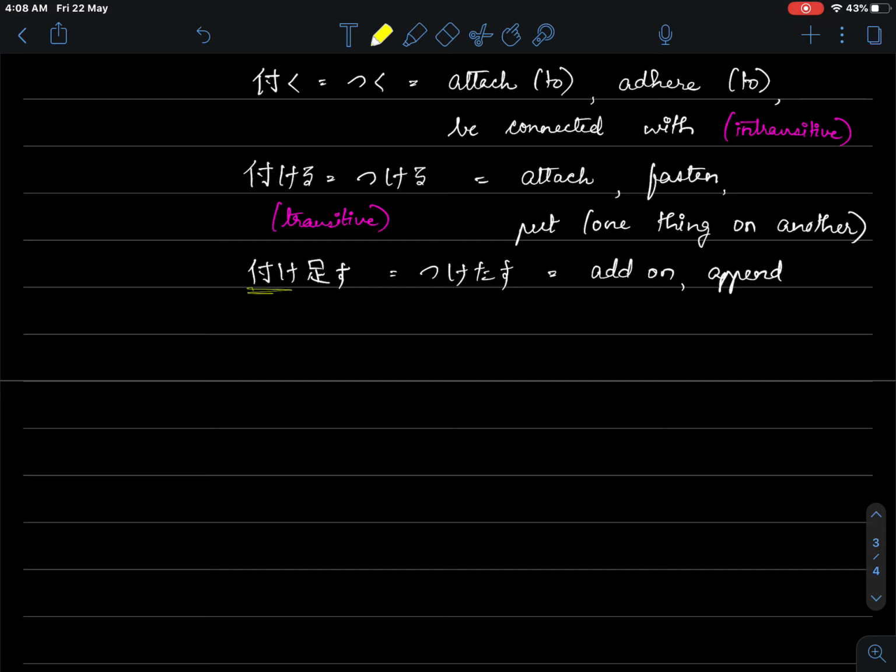So here, we have just seen it, it means all things like attach, etc. And this means to suffice or to make sufficient. It's the kanji for leg. Okay, to make sufficient. So it means you're going to add something and then make it sufficient. Something like that. Okay, it's tsukétasu.